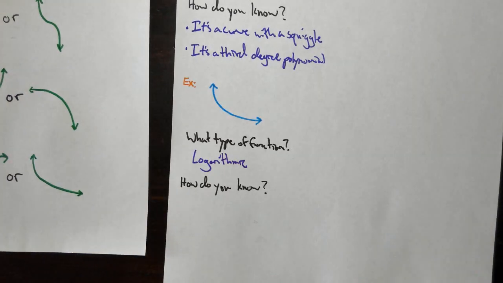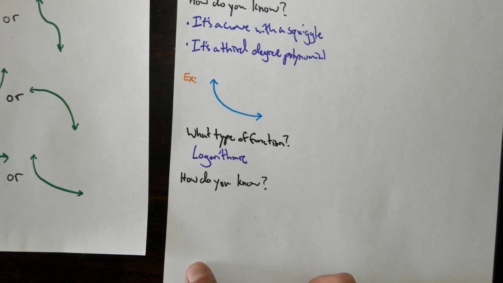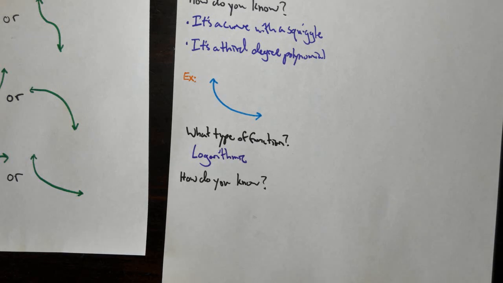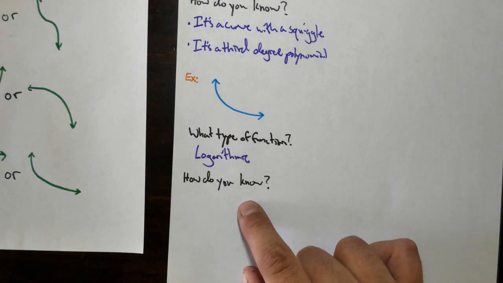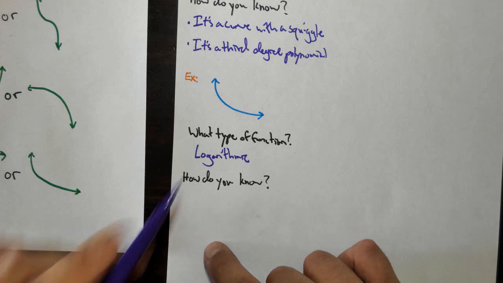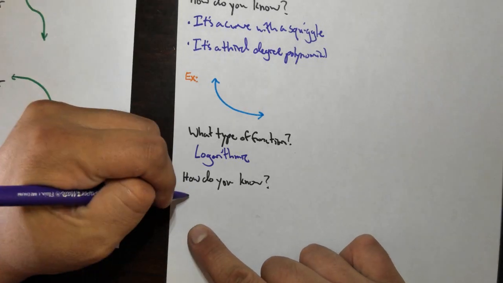And how do you know? Well, I can't say it has a log in it, right, because I'm not given the function. If I were given the function, like log base 3 of 4, I could say, oh, that has a log in it, so I immediately know it's a log. In this case, we need to justify by the graph. So I can say something like, how do I know?